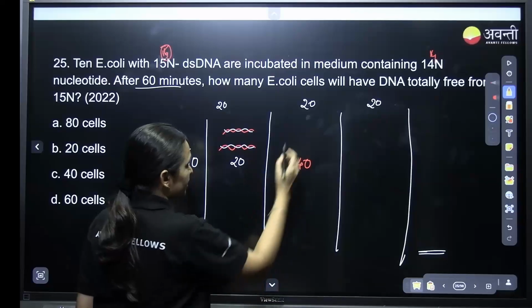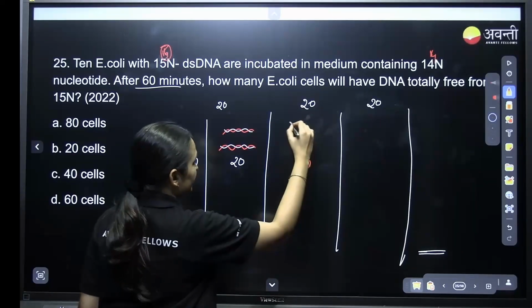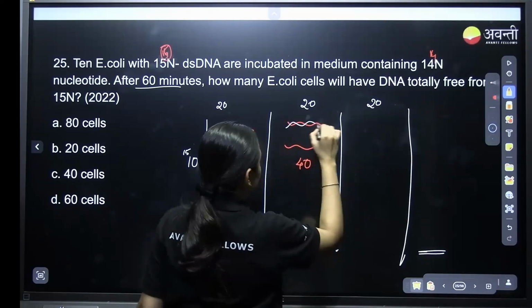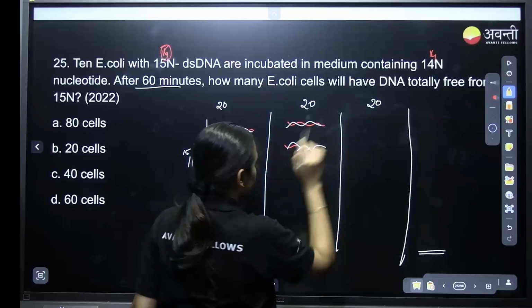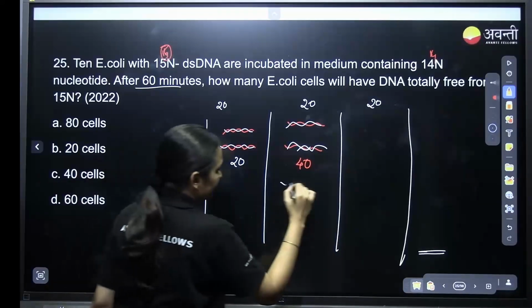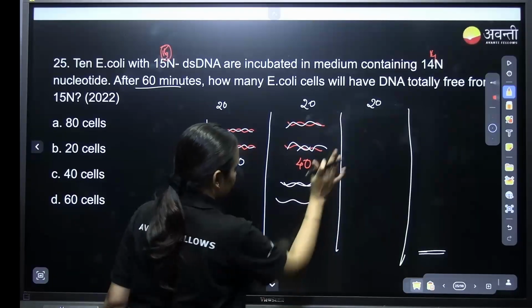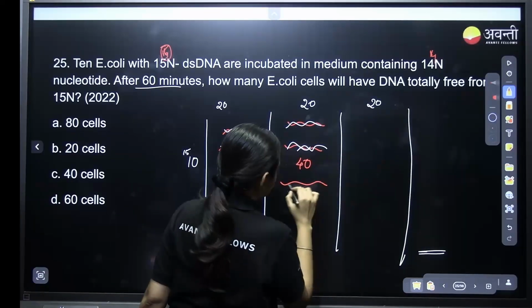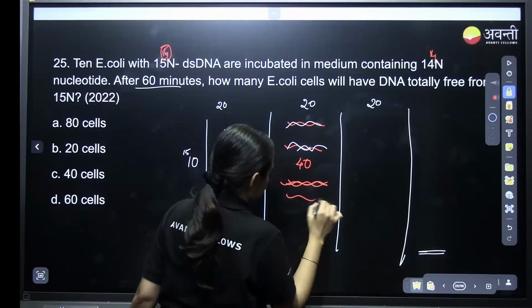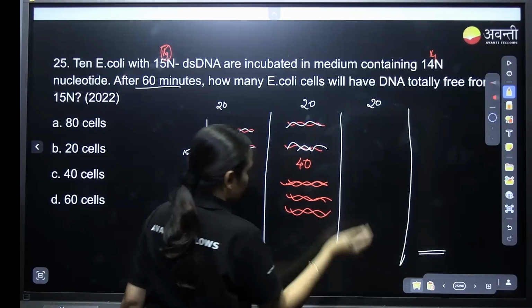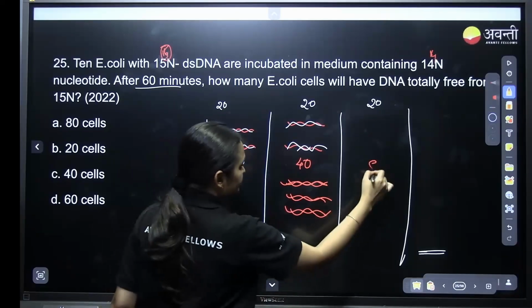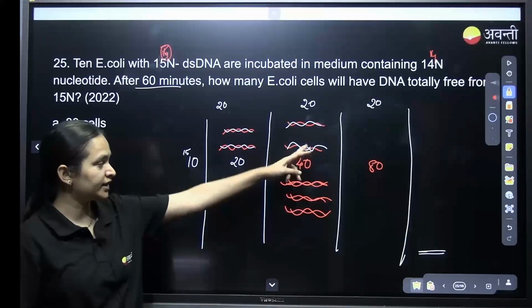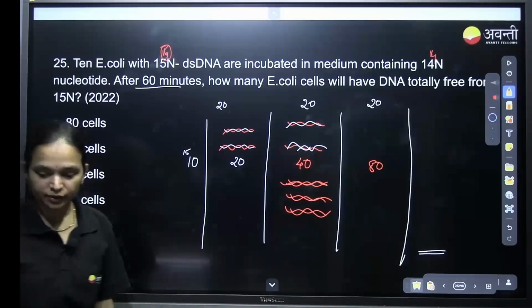In that 40, 20 will contain the DNA with the heavy isotope of nitrogen, and the rest will contain the normal ones. So next 40 will become 80 here. In 80 also 20 will contain this, and another 60 will contain normal.